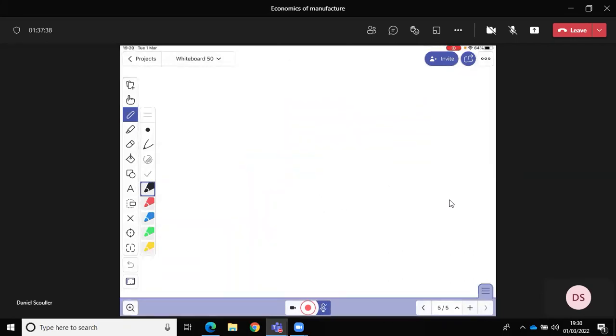Last part of this, and this is the one that catches most people out. The simple reason is it's very similar to another format, but we're putting brackets in it, and now those brackets change things.